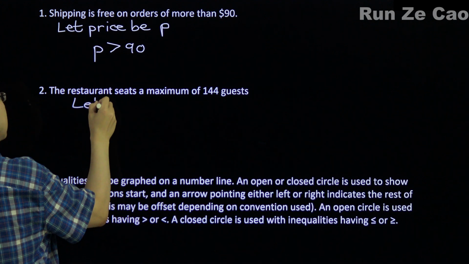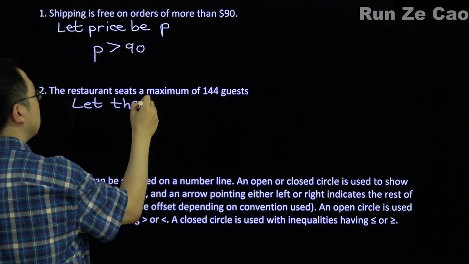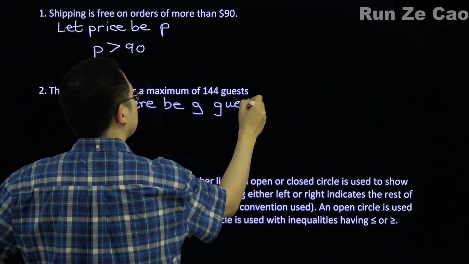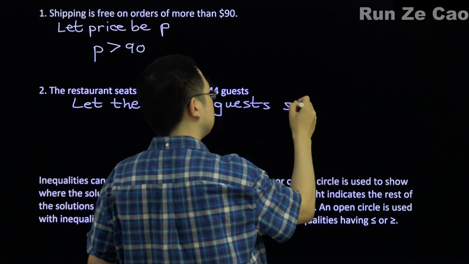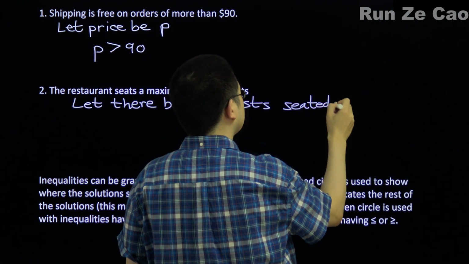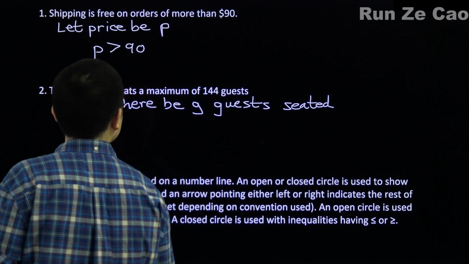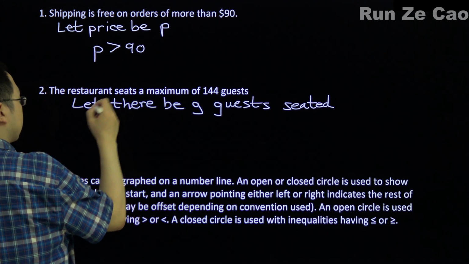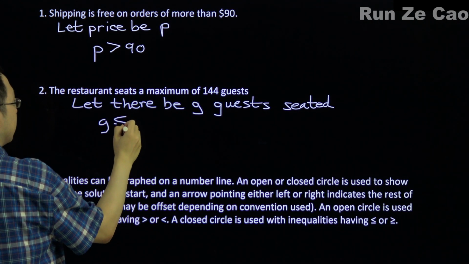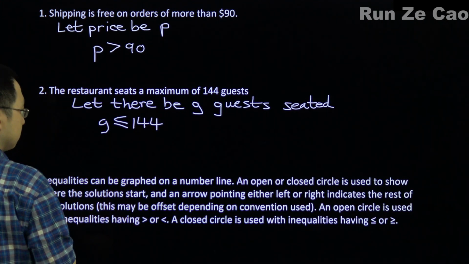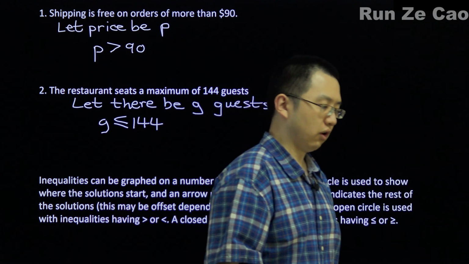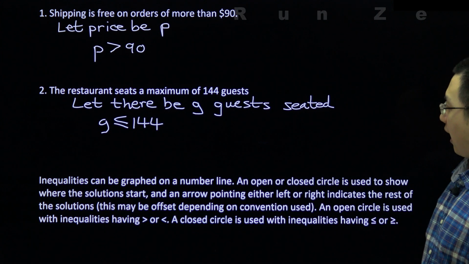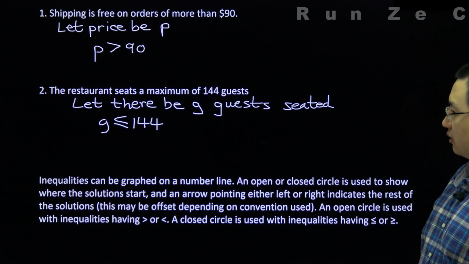It's supposed to be, let there be G guests seated. Because hey guys, there's such a thing as takeout and delivery too. So it's not guests served, it's guests seated. G is less than or equal to 144 because it can be equal to 144, i.e. the restaurant is fully seated. But you can't seat any more people than that.